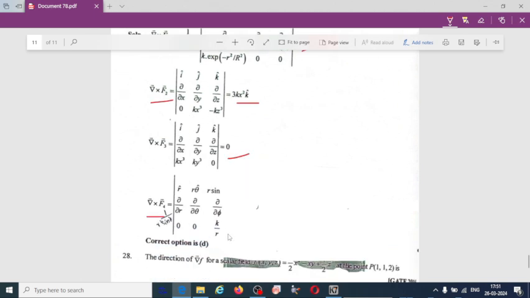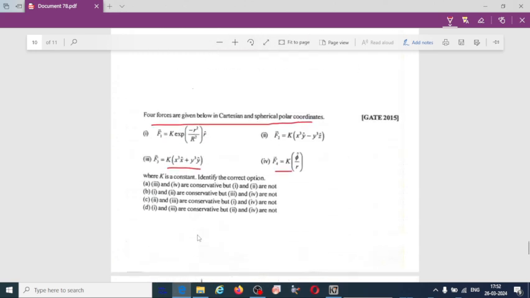Del cross F4 is, you are going to have minus k divided by r cube sine theta into theta cap.